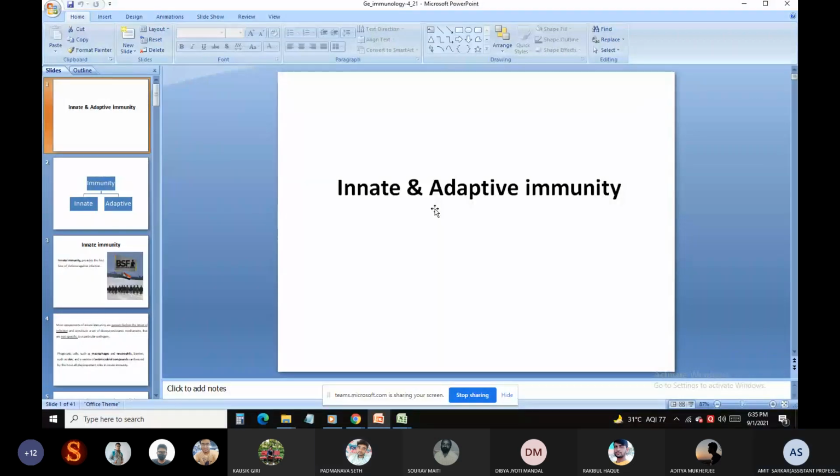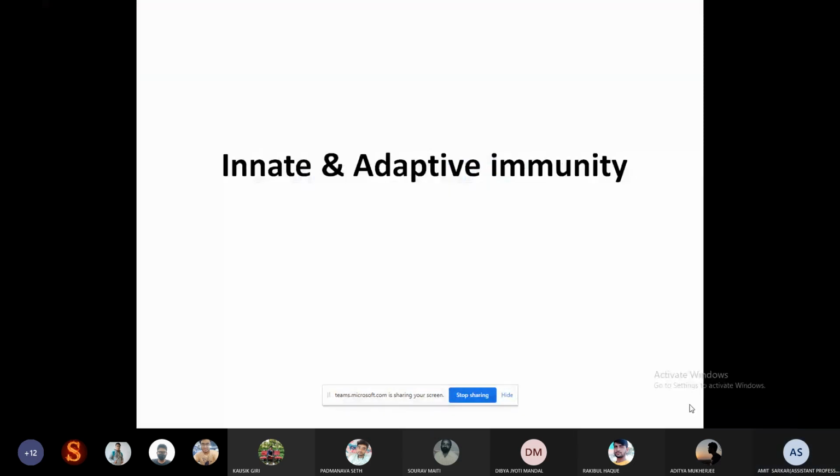Okay, thank you. Today we will be switching to a new topic, a very basic topic called innate and adaptive immunity. So far, maybe in the first class or so, I mentioned that immune response could be divided into two different types: humoral immunity and cell-mediated immunity.